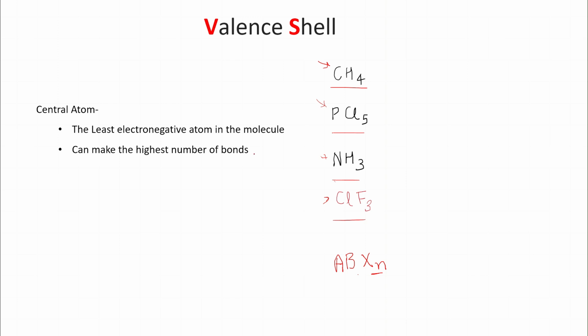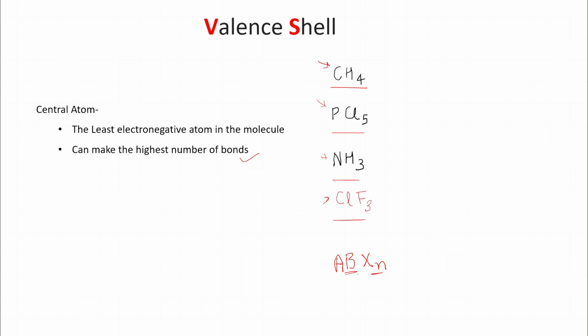In these cases, we follow these two rules. We see which atom can make the highest number of bonds, which we will know by seeing the number of electrons it has for sharing, and also the least electronegative atom among these will be the central atom.